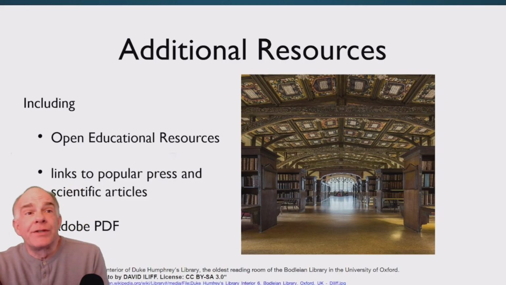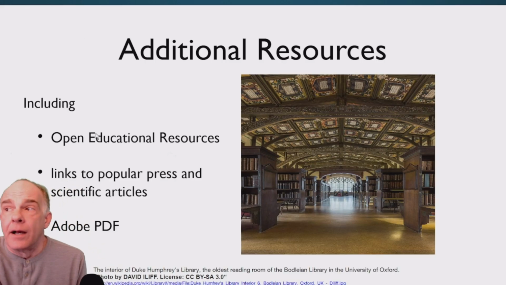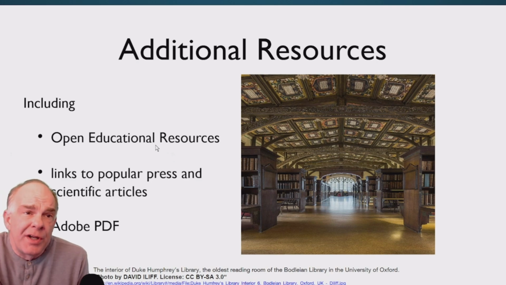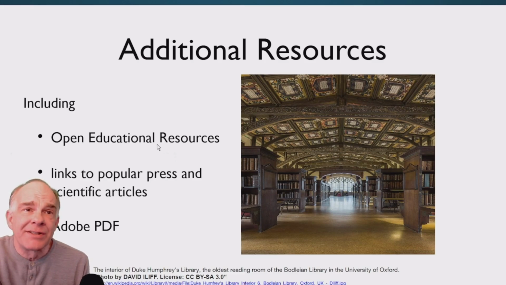In terms of additional resources, in the initial topics that we're going to be covering on the different ethical systems, I've been able to find some open educational resources books. We're using 2 different books that provide the information on the topics that I think are relevant to the course. And so we'll use those over the first couple of weeks.